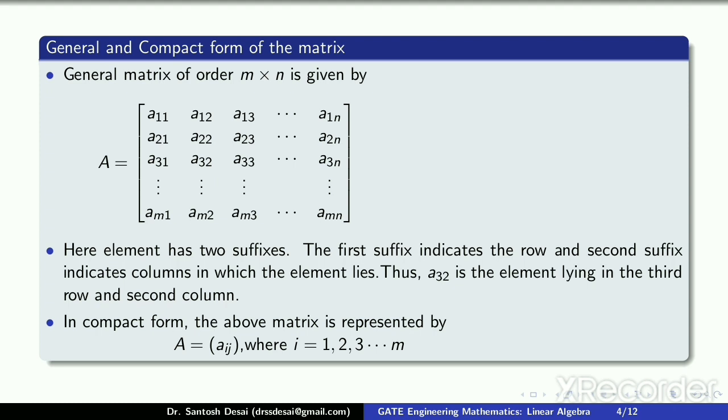So therefore, j takes the values 1, 2, 3 and so on n. So therefore, the compact form of the matrix of order m by n is given by capital A is equal to Aij, where i runs from 1, 2, 3 and so on up to m, and j takes the values 1, 2, 3 and so on up to n.